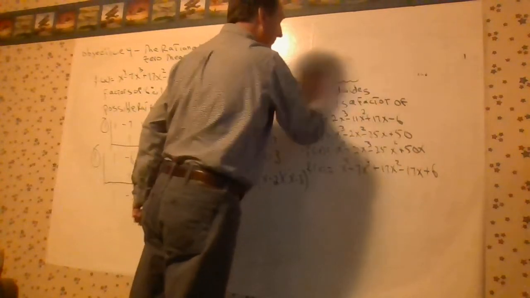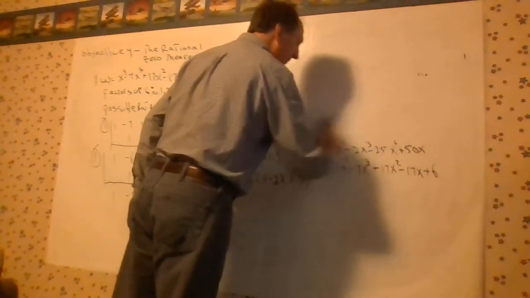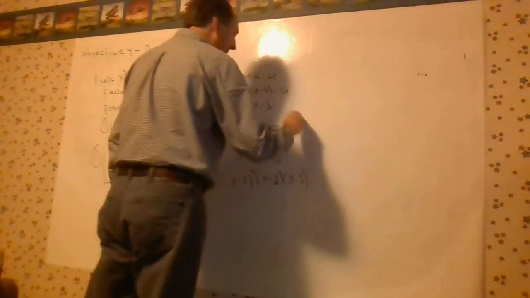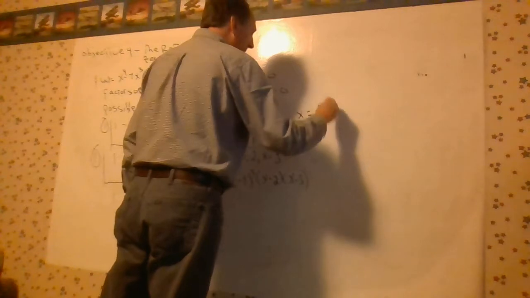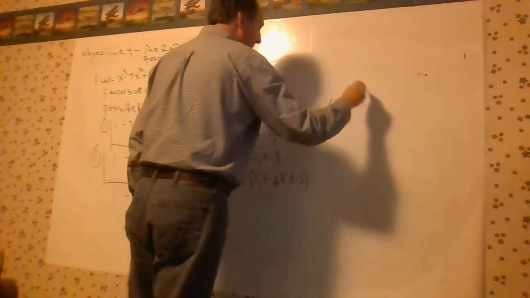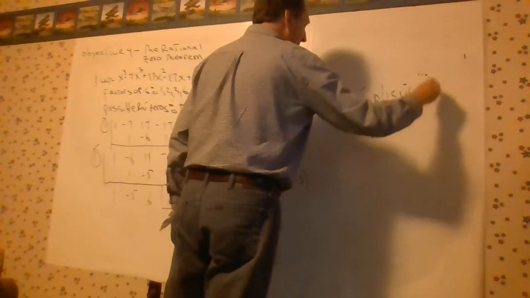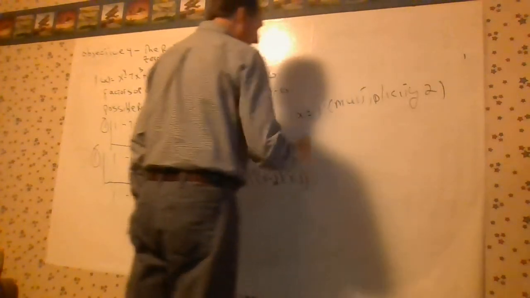This here is sometimes simplified. Let me erase this. We're almost done here. Sometimes we say x equals 1 multiplicity 2.